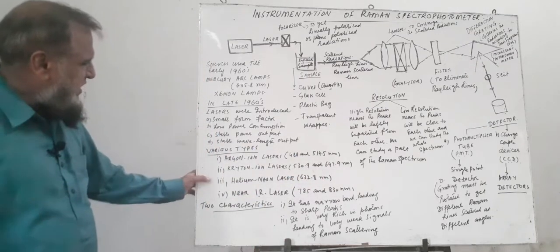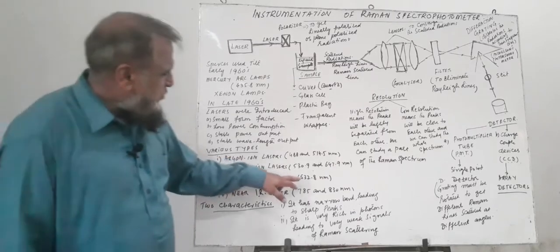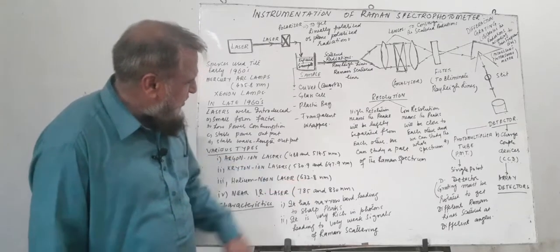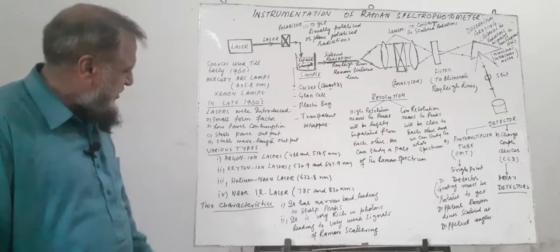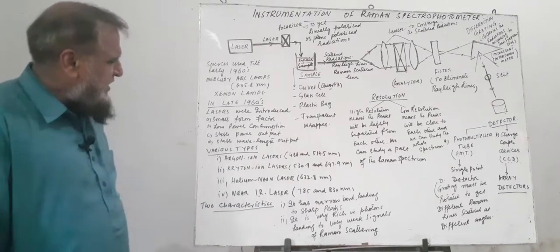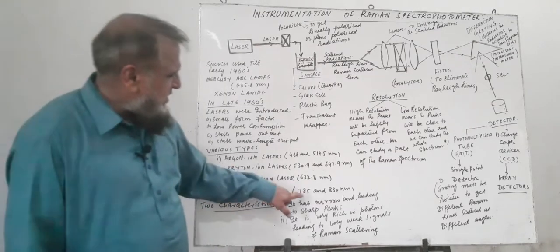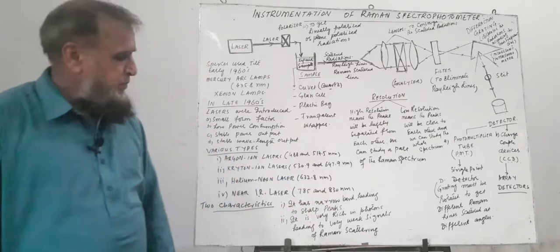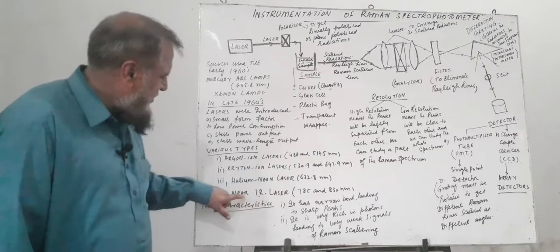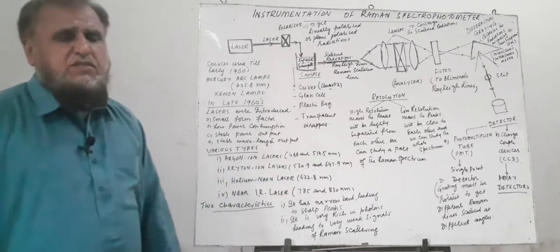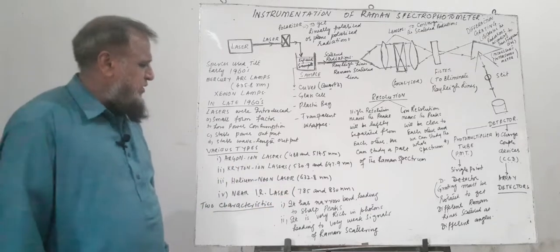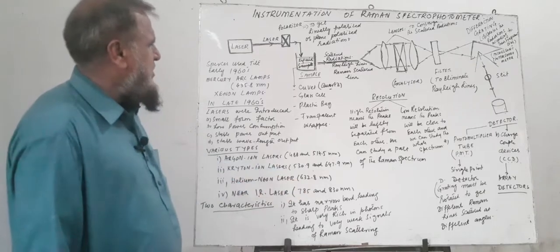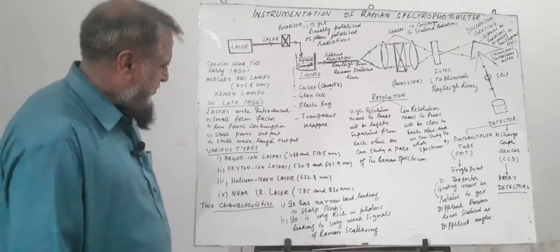The third is helium neon laser, which provides a radiation of 632.8 nanometer, and near infrared lasers, which provide wavelengths of 785 and 830 nanometer. The near IR lasers with wavelengths of 785 and 830 nanometer are commonly used.